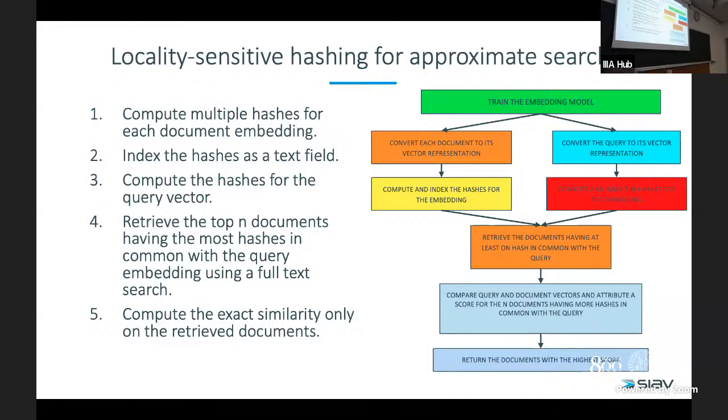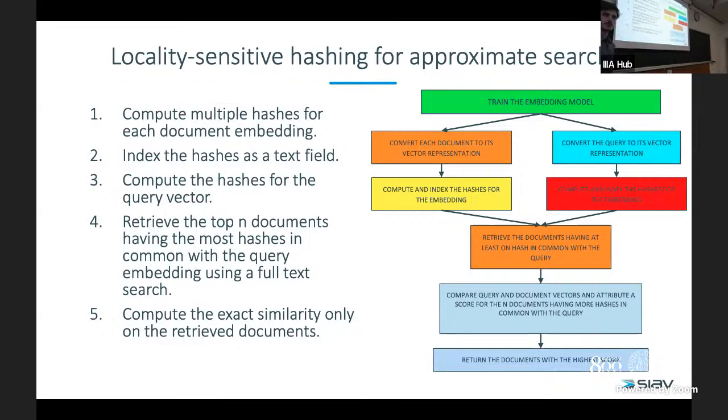And the other part, which will scale with the amount of documents stored in Elasticsearch, is the full text query, which is luckily very efficiently implemented by Elasticsearch, so it's not that big of an issue. And finally, you compute the exact similarity and you return the documents with the valid score.